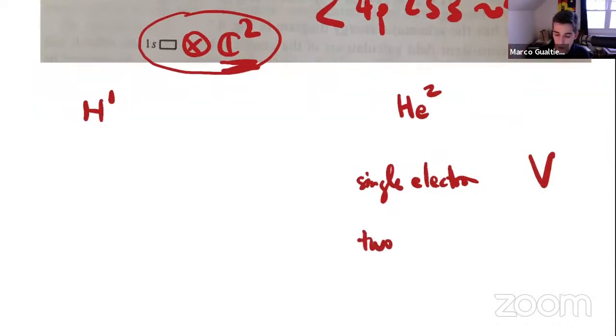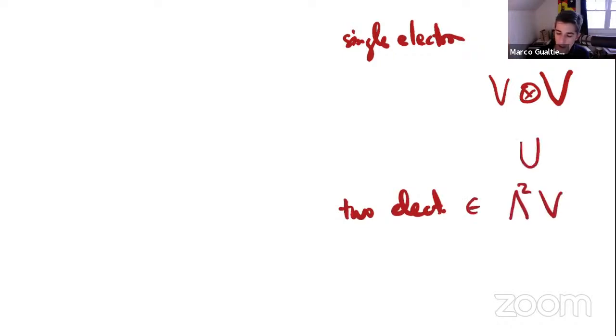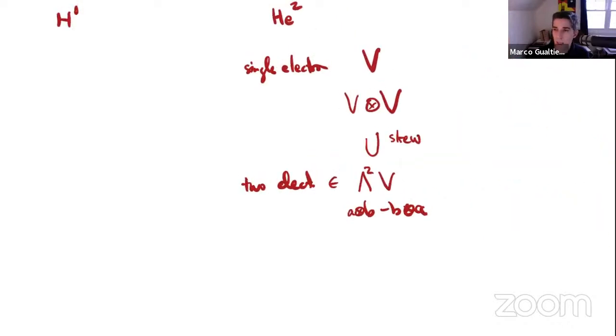And if we have two electrons, then it will not be in V tensor V, but rather it will be in the skew symmetric part of this. It will actually be in what they call wedge 2V, which is inside here, which are the skew symmetric ones, not the symmetric ones. So these are like, for example, A tensor B minus B tensor A.